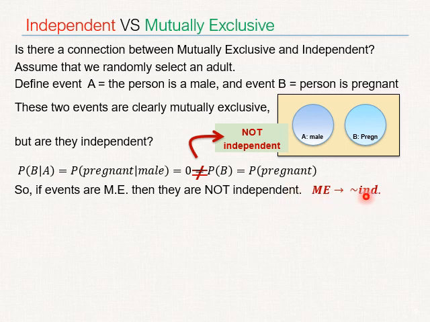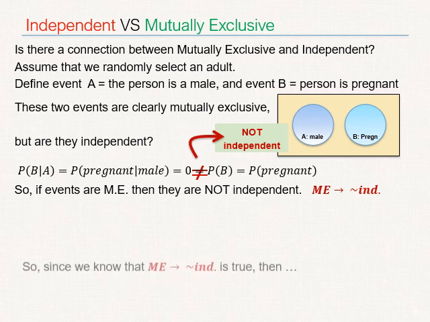We have established that that is a rule. If two events A and B are mutually exclusive, then they are not independent. And that little squiggly thing here means not. So it's the negation of, or mutual exclusivity gives us not independent.